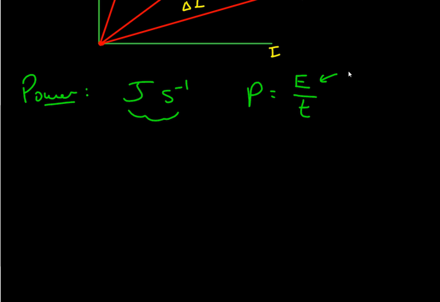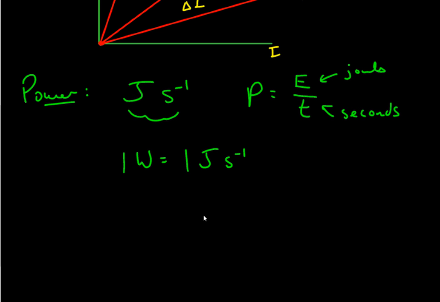Okay? Joules, time in seconds. And what is the unit that we use to describe, like, what's the joule per second called? Good. So 1 watt equals 1 joule per second.